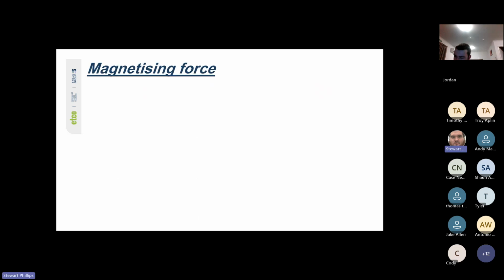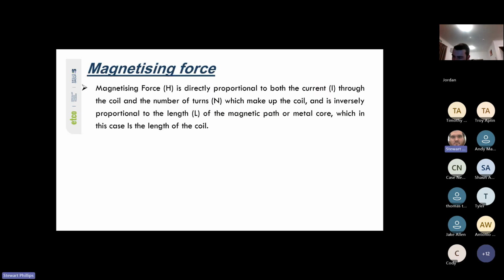Cool. Magnetizing force. A magnetizing force, H, is directly proportional to both the current through the coil and the number of turns, N, which make up the coil. And it's inversely proportional to the length of the magnetic path of the metal core, which in this case is the length of the coil.